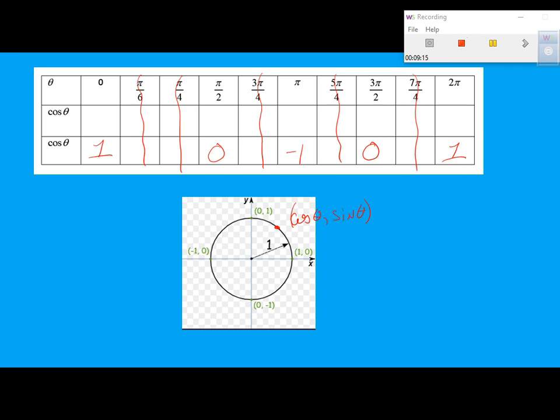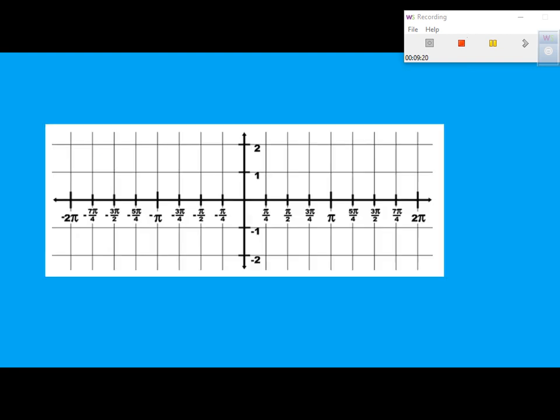Now, let's come over and graph those. So here goes. At 0 degrees, you told me it was 1. At pi halves, you told me it was 0. At pi, we get negative 1. At 3 pi halves, we're at 0. And at 2 pi, I'm back to 1.